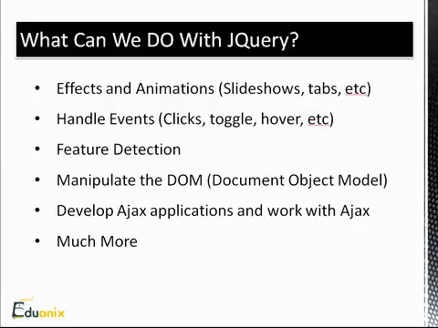And as I said, jQuery is used to manipulate the document object model. We can use jQuery along with Ajax and build Ajax applications. And there's just a ton of other stuff that you can do with jQuery.